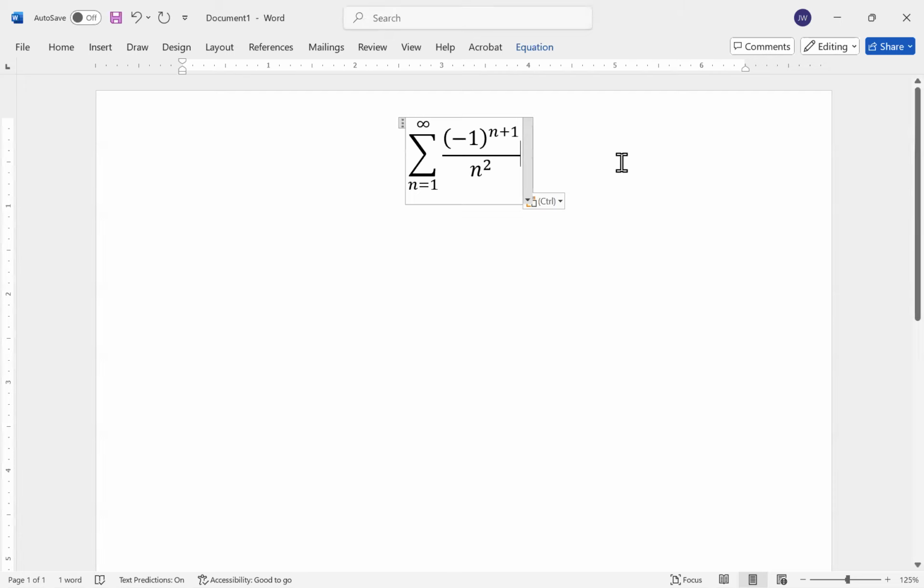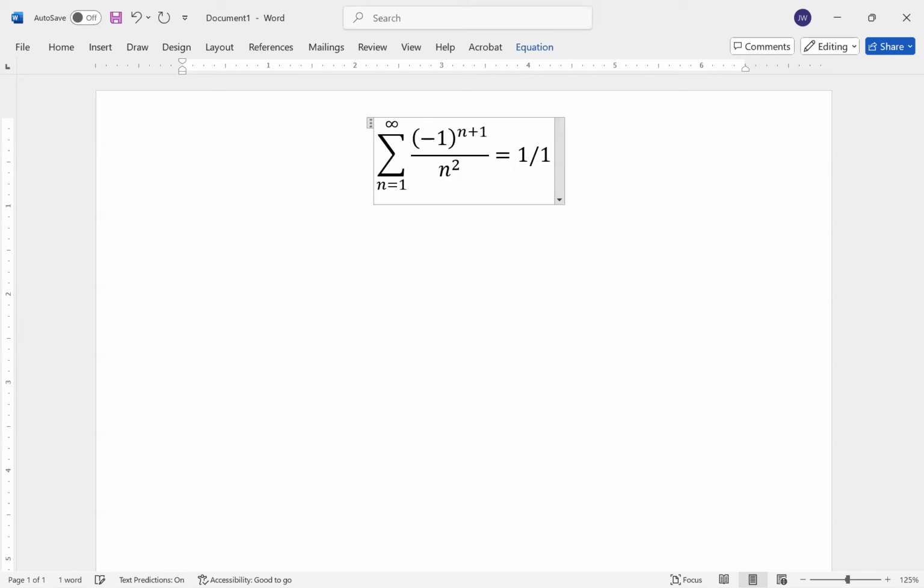So let's expand this series by writing out the first few terms. When I plug in a 1, I'm going to get 1 over 1. When I plug in a 2, I'm going to get -1 in the numerator and 4 in the denominator.